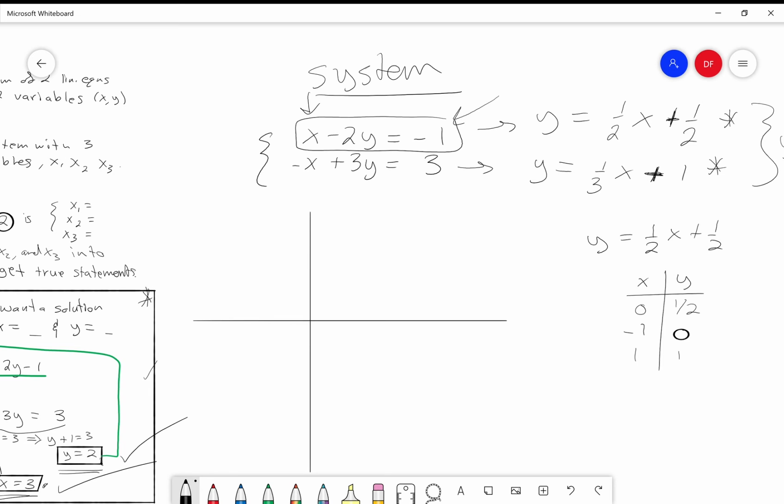So let's plot these points. We have 0 for x, 1, 2. So we have 0, 1/2. So 0 in the x direction and then only 1/2 in the y direction. And then we have negative 1, 0. Well, actually, this is negative 1. This is negative 1/2.